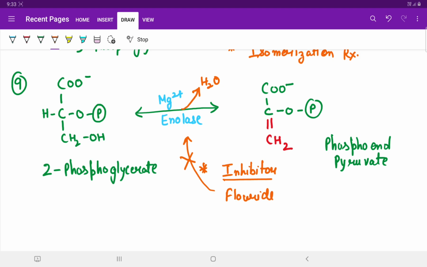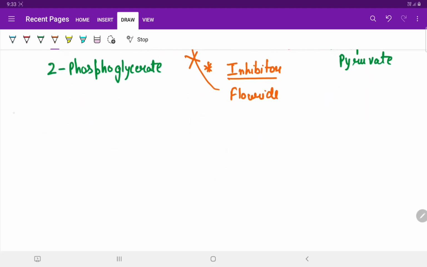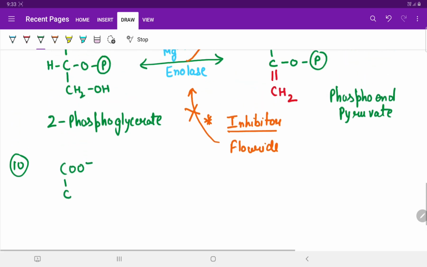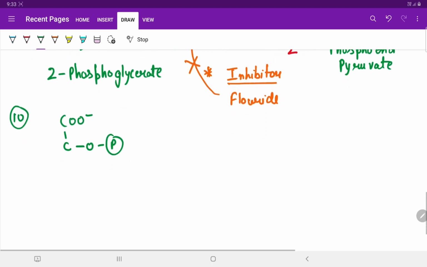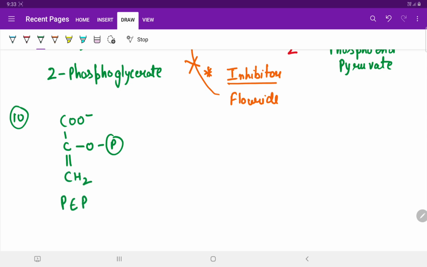Now the last reaction is conversion of phosphoenol pyruvate into pyruvate. First of all, let us draw the structure for phosphoenol pyruvate. Here you can see the structure. This is the structure for PEP, which we can write in short form for phosphoenol pyruvate.